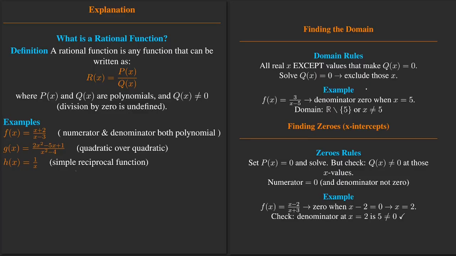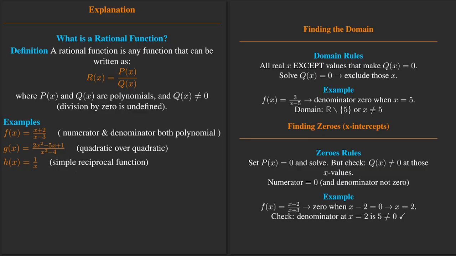We said rational functions, that is r of x, are written as p of x over q of x. So any value of x that will make the denominator 0 is not part of the domain, because if the denominator is 0, then we are going to divide by 0, and mathematically that is incorrect. Hence, the domain is all real values of x except those for which q of x equals 0.